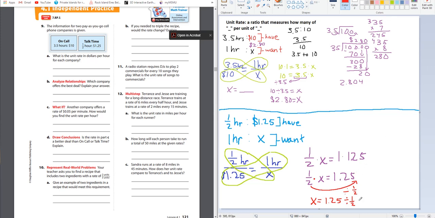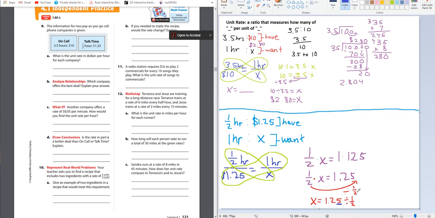So we have 1.25 divided by 1/2. I'm going to turn this into a fraction. The way you do that, for those of you who don't remember, is you find the smallest place value. In this case, it's the 5, and the place value is hundredths.